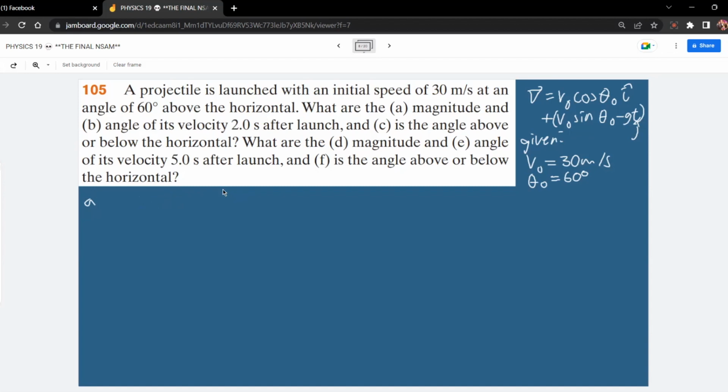So when t equals 2, so the velocity vector is, pakita mo yung substitution.